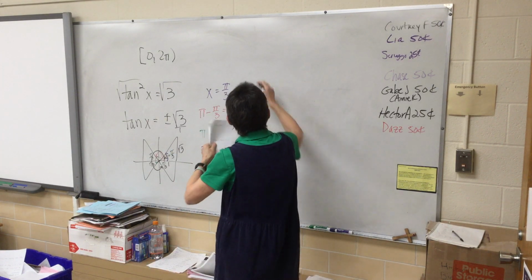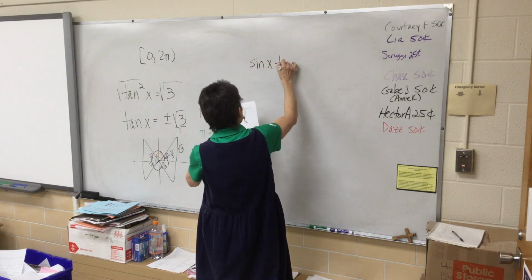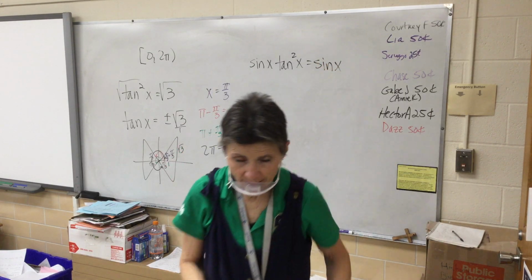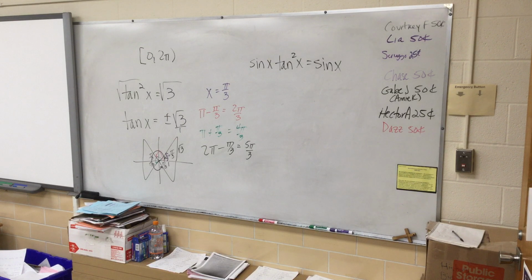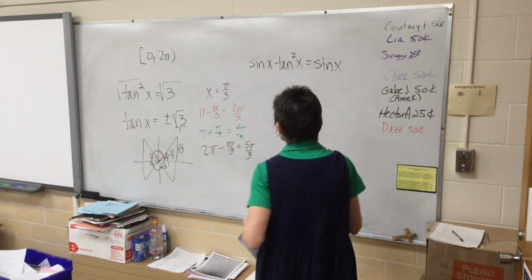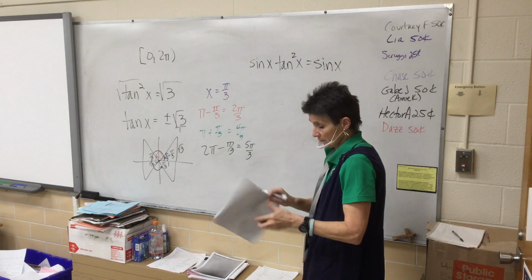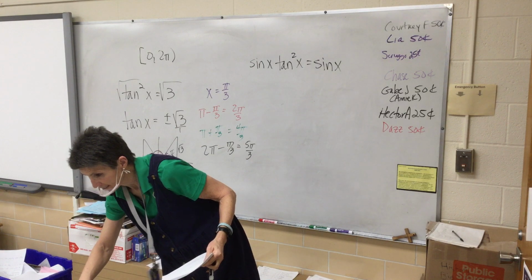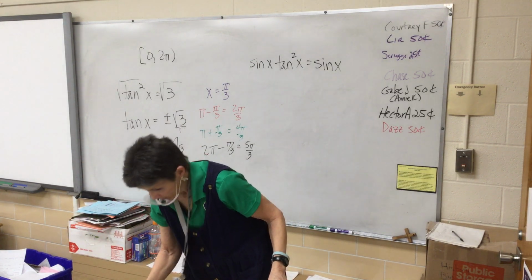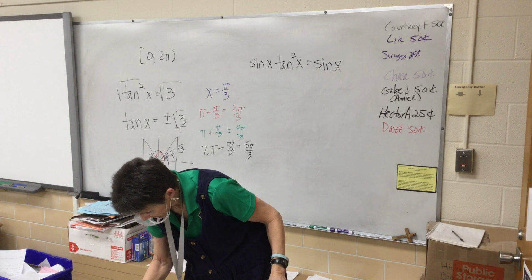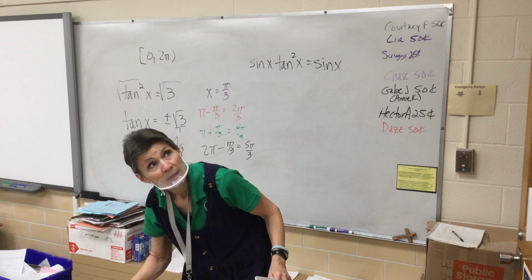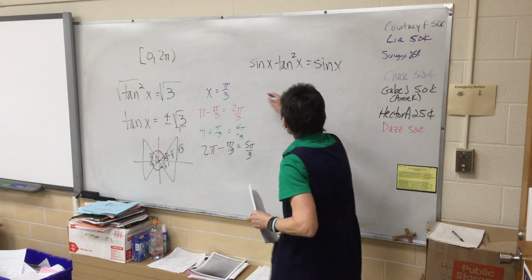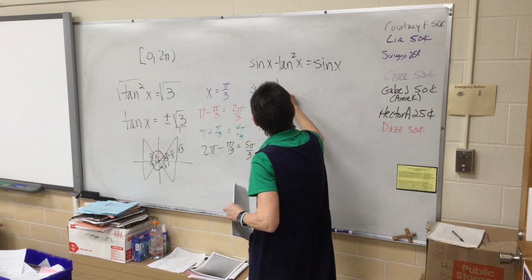All right, what about C? What's your thought on solving this thing? Take a look at it carefully. What do you think you might want to do? Get the sine on the same side. Yeah, we need to get the sine moved over. That's exactly right. Yep, so we're going to get it set equal to 0. Perfect. And that way we can factor out a sine. Do you remember doing that the other day?